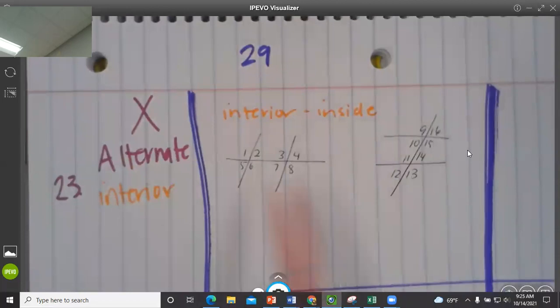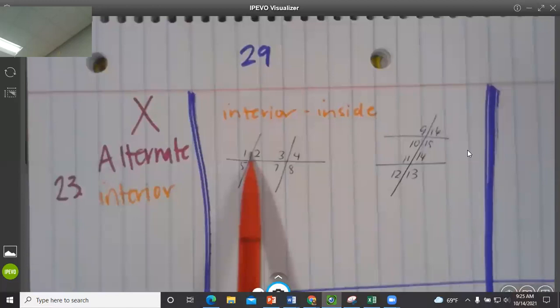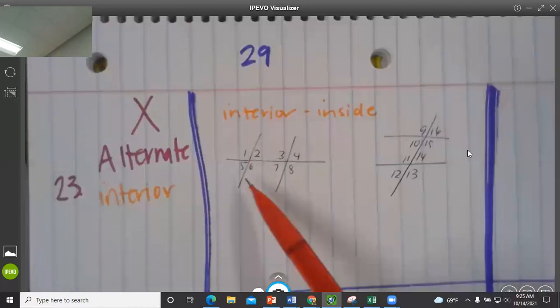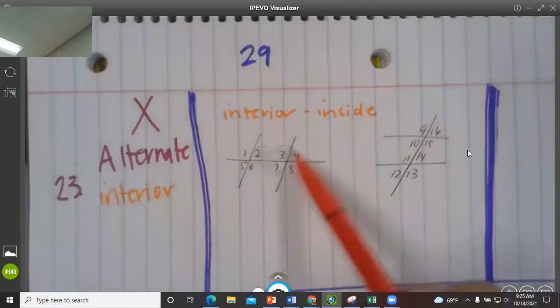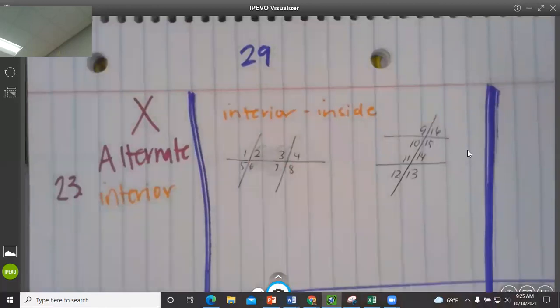Here are the two lines, so anywhere between them. Say again. 1, 2, 3, 4, 5, 6, 7, 8. Yeah, 6 is inside. This would be right here, the inside. So please color in, shade in the inside. 6 is one of them.